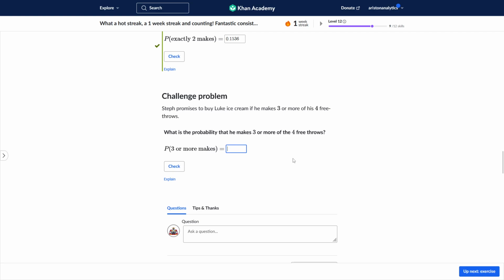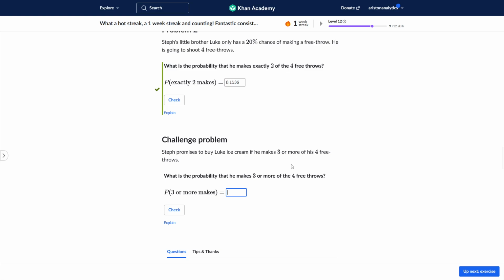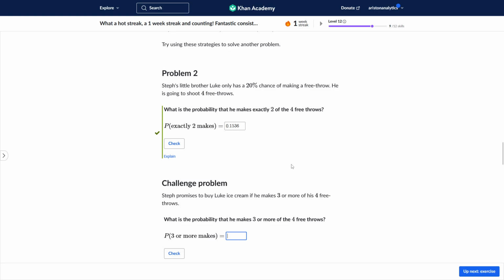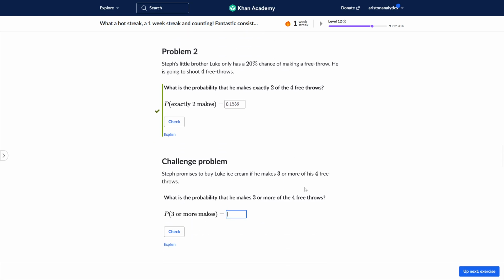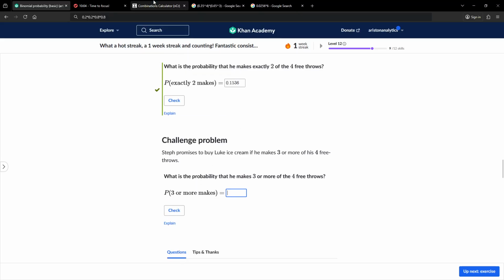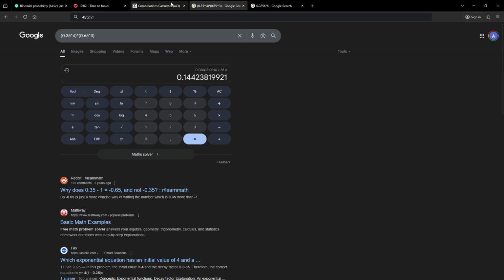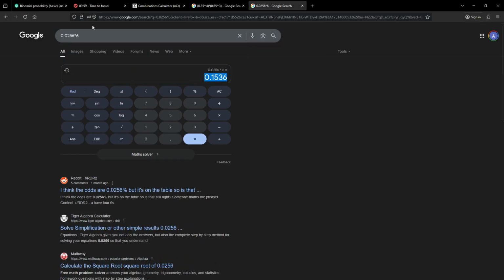What is the probability that he makes 3 or more of the free throws? So it's 3 or 4. Probability 3 or 4.